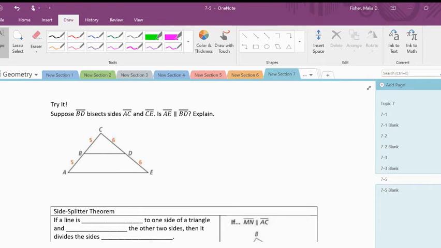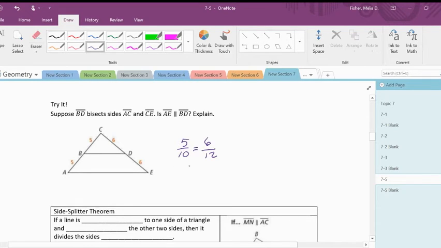Suppose that BD bisects AC and CE. So those two sides are cut in half. Is AE parallel to BD? Well, let's check to see if those pieces are similar. We have 5/10, and we have 6/12.